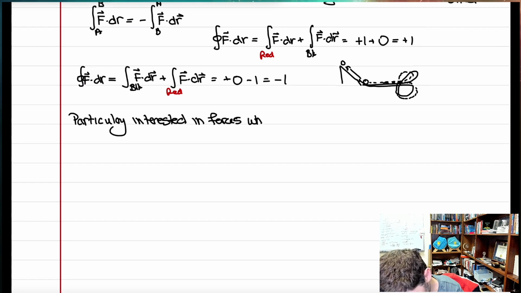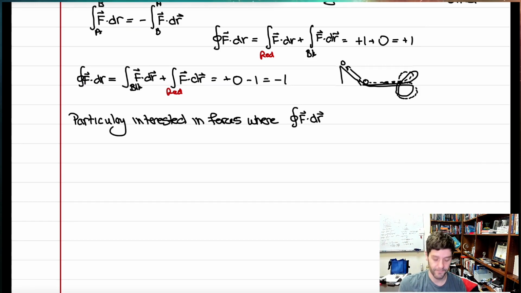Forces where I can say something about, if I evaluate the work that force does over some sort of closed path. There are cases like what we saw with gravity where that closed path integral is equal to 0.